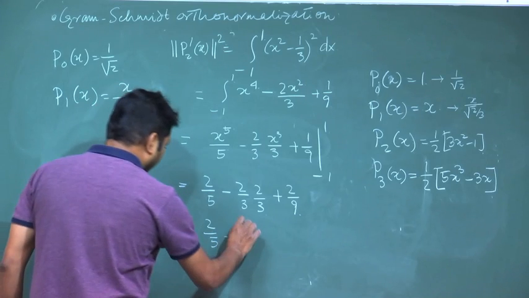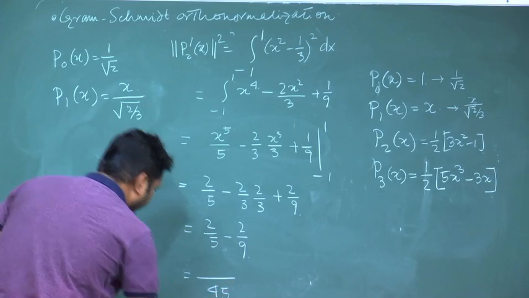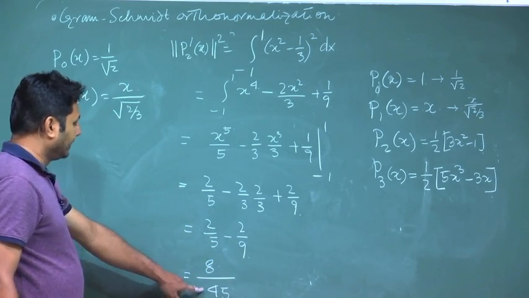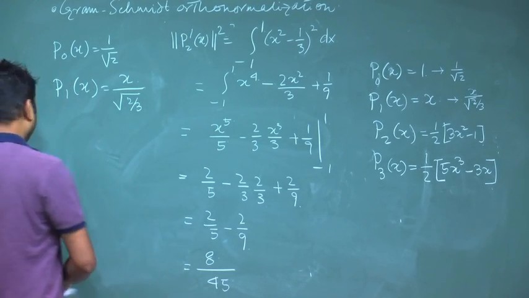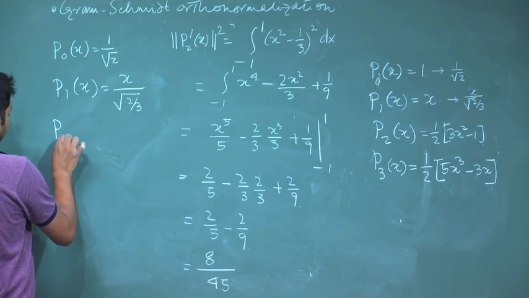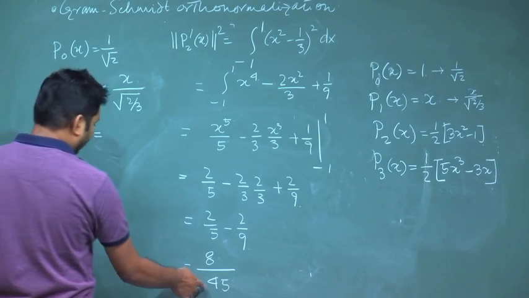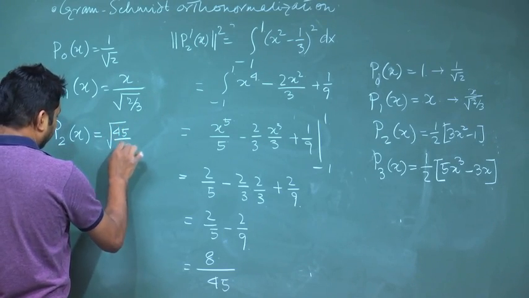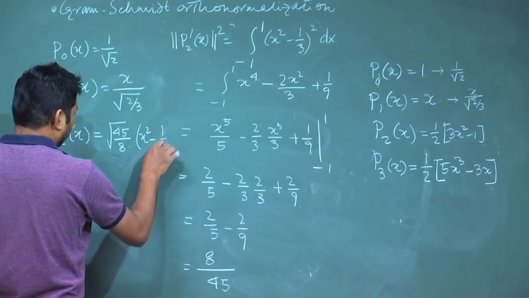So, I will have 8 by 45, this quantity. So, this quantity is the square of the norm. If I take the root of that, my P2 is this quantity: root over of 45 by 8, then multiplied by that quantity x square minus 1 by 3, this polynomial.